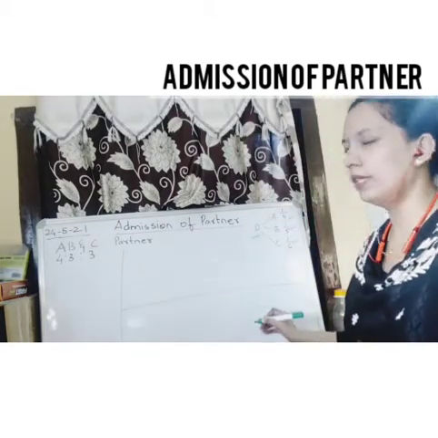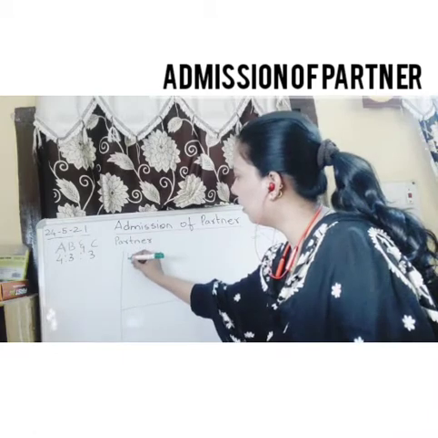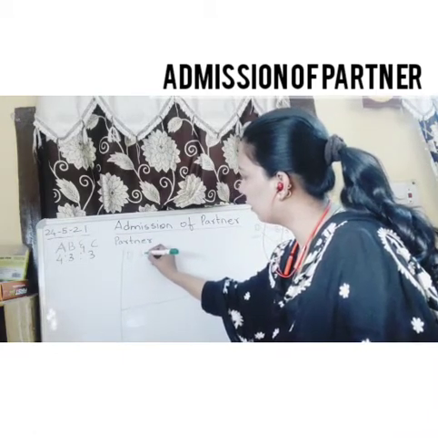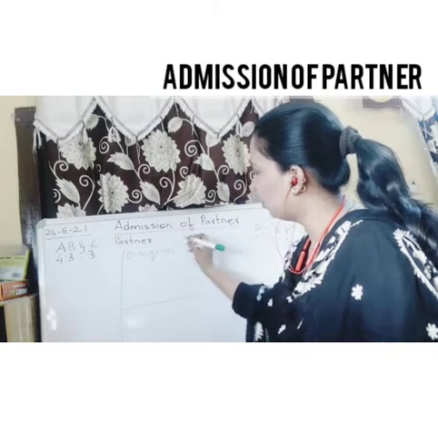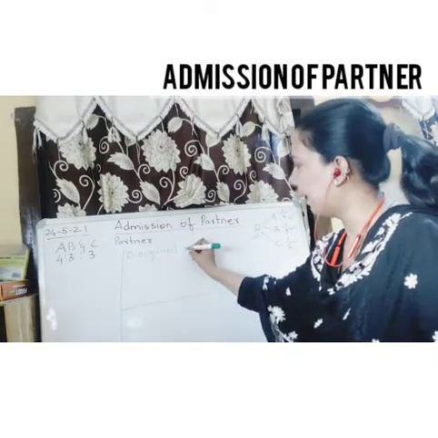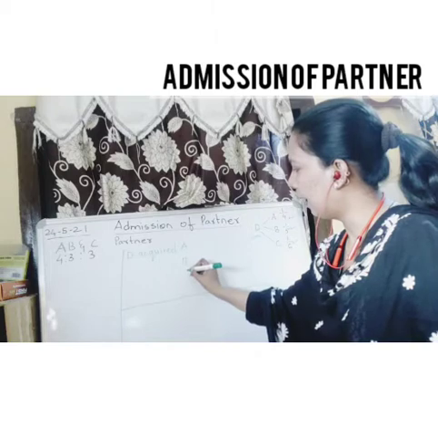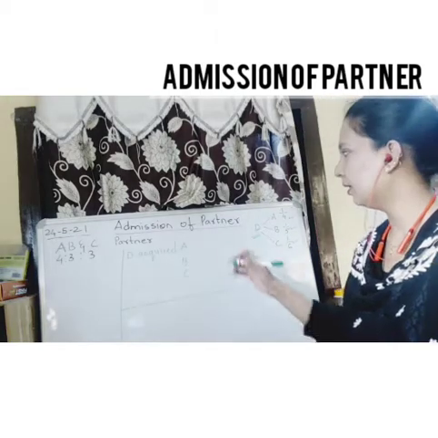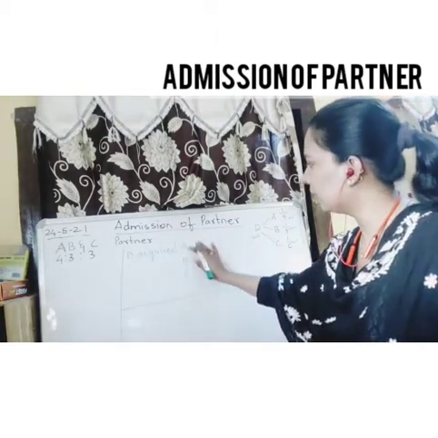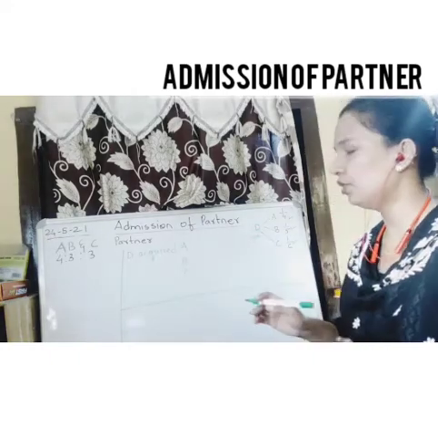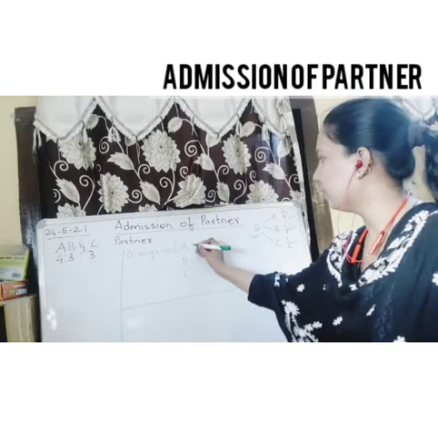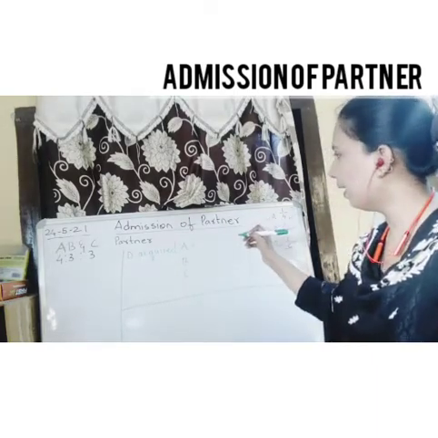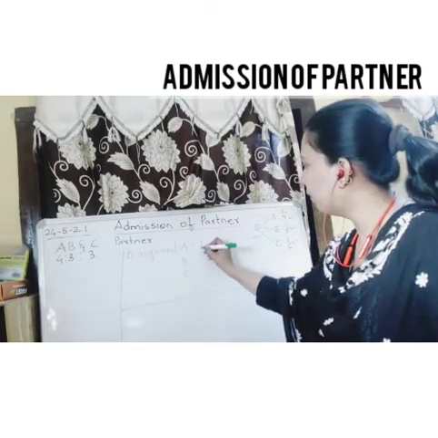The first step is we will calculate the shares of D acquired by A, B and C. D is acquiring shares from A. How much is he acquiring from A? It is 1/4.